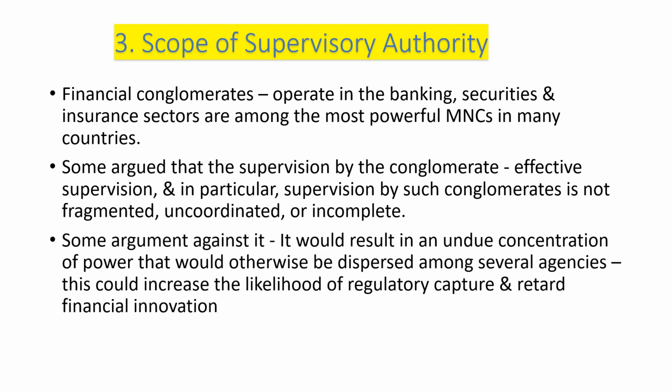Some argued against it by highlighting an undue concentration of power that would otherwise be dispersed among several agencies. Thus, this could increase the likelihood of regulatory capture and retard financial innovation.